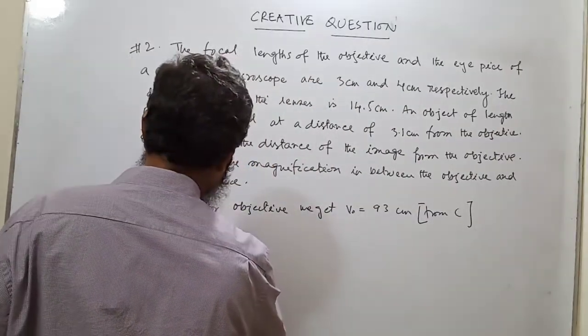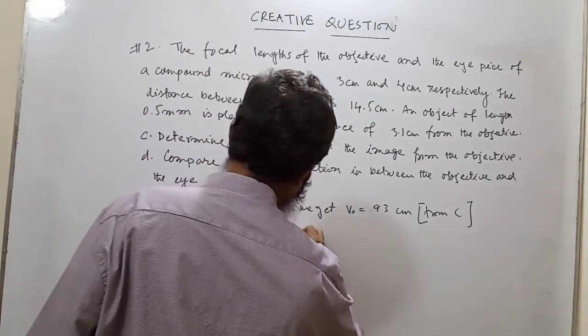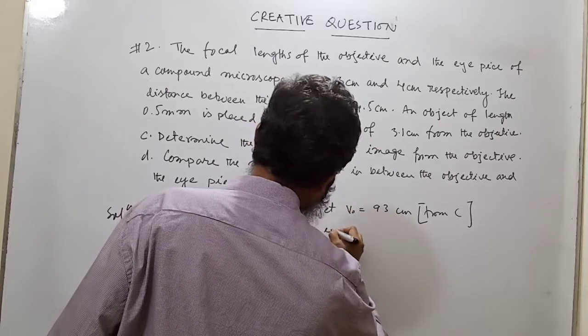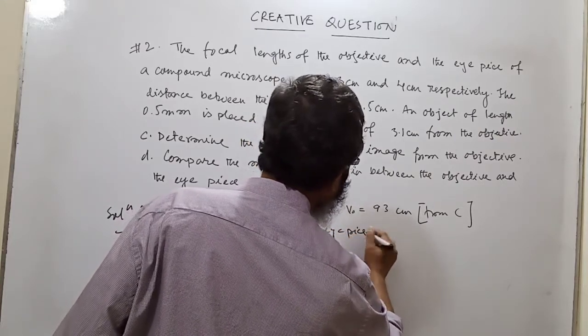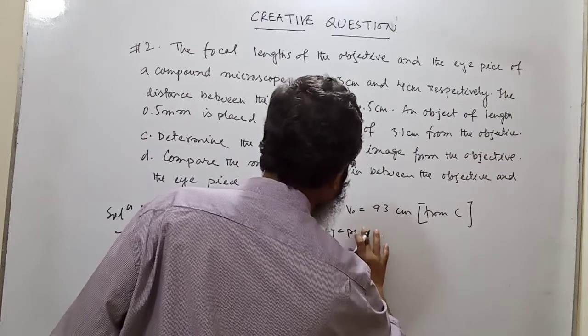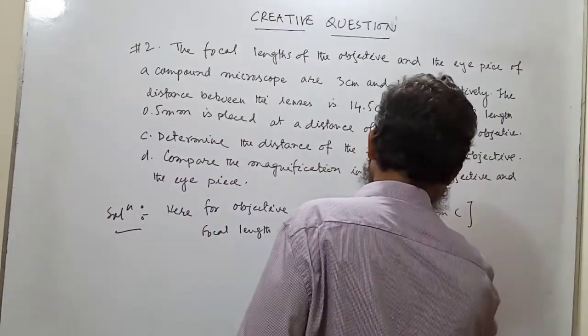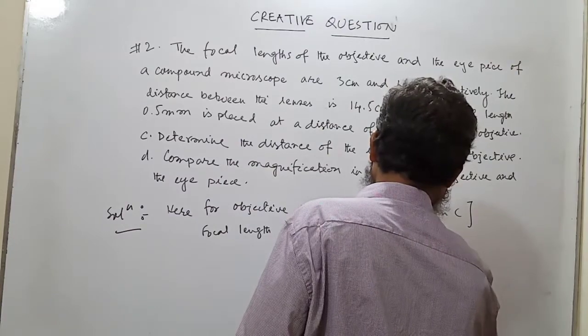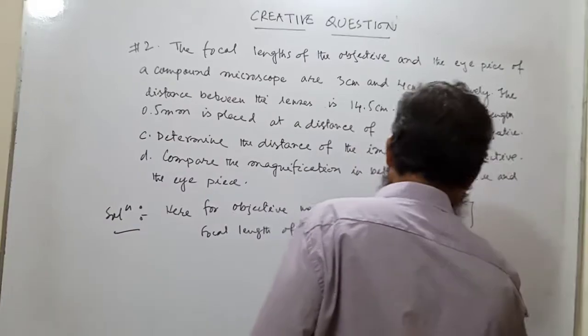The focal length of the eyepiece, that is fe, is equal to 4 centimeter.